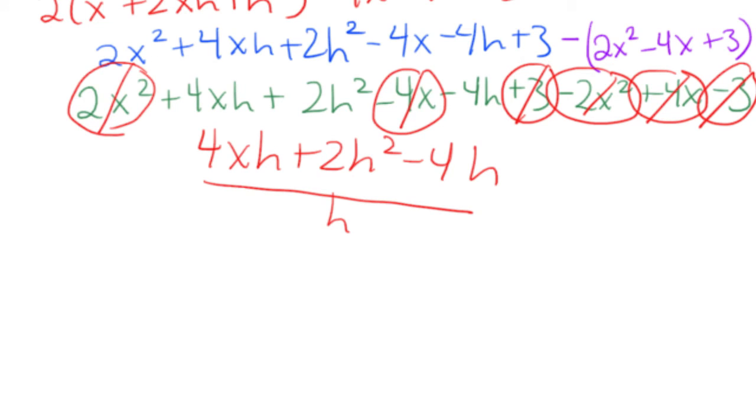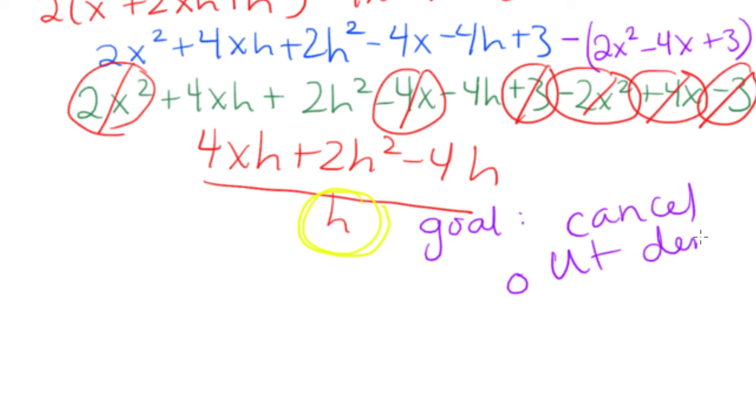And now our main objective is still to cancel out this h. That is our goal: cancel out the denominator h. All right, that's our ultimate goal.